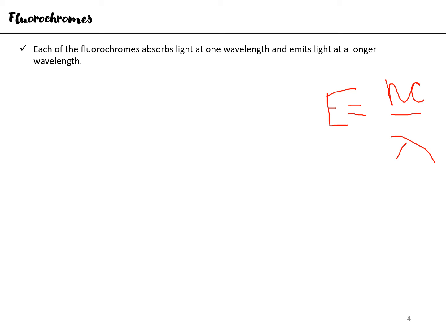As you can see from here, energy is inversely proportional to the wavelength. So the lower the energy, the higher or longer the wavelength. And because when we are getting fluorescence, the energy emitted is less compared to the energy which was absorbed by the molecule, the light emitted is therefore of a longer wavelength. So let's clear this up.